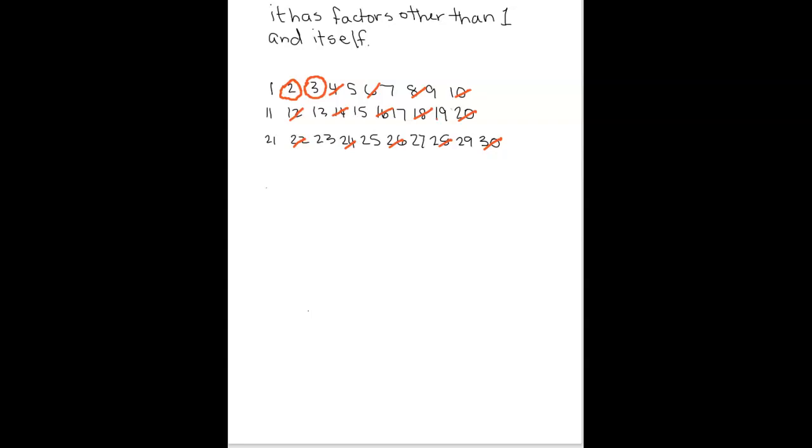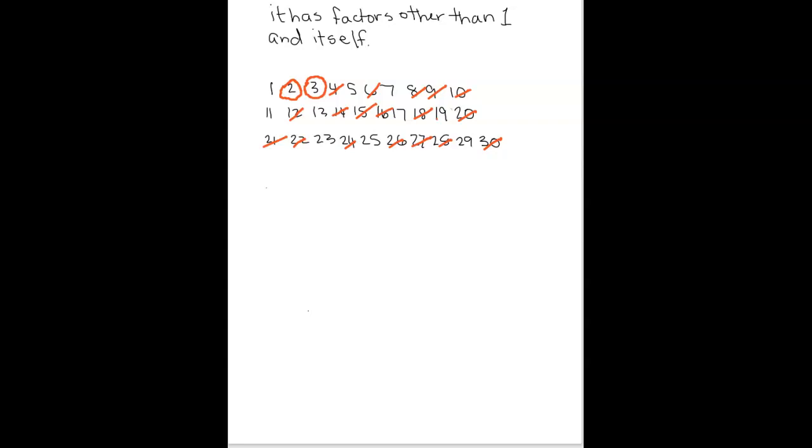So now anything that is a multiple of 3 is gone. 6 is already gone, 9, 12 is gone, 15 is gone, 18, 21, 24, 27, and 30. So now we've eliminated a bunch more.